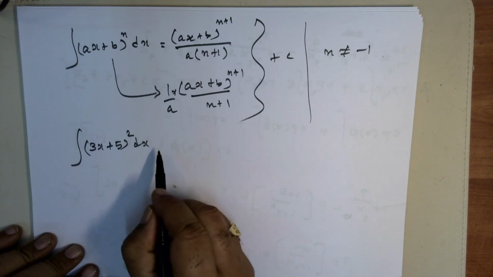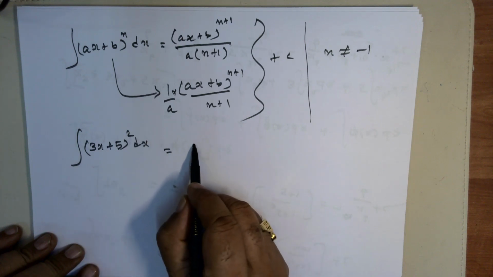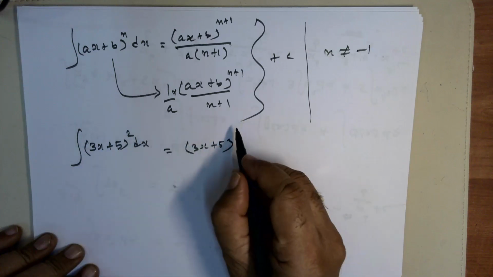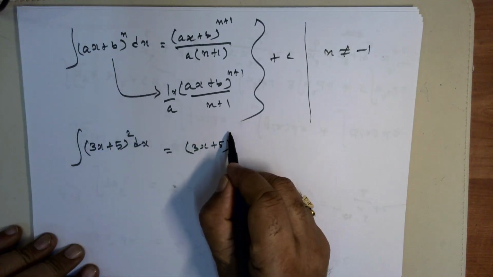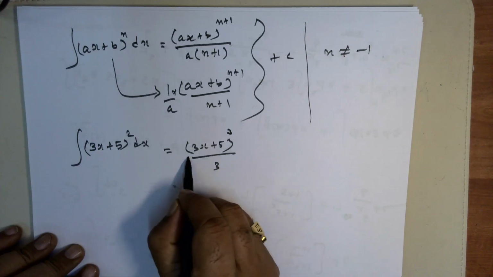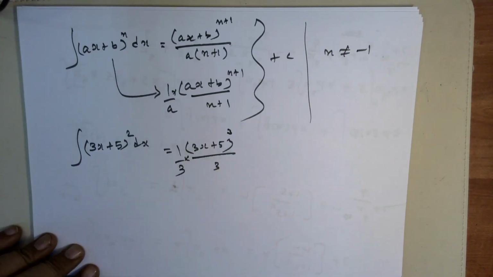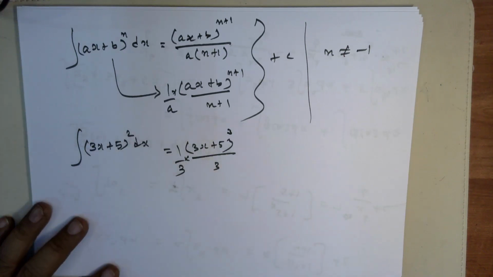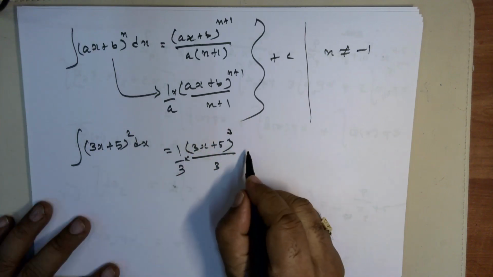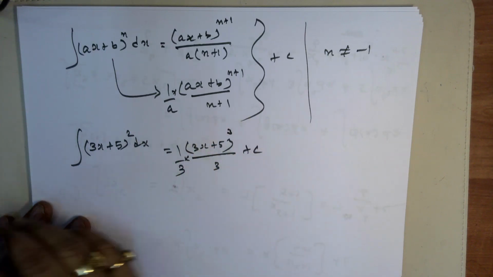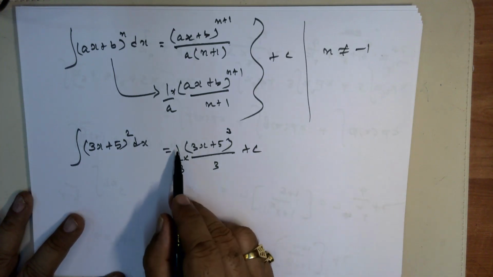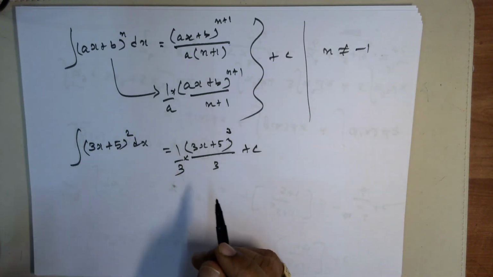The integral of dx is equal to 3x plus 5 whole power 2 plus 1, that is 3, divided by 3 into 1 by 3, that is 1 by 9. That's all. This is the easy way you can do it, plus c.